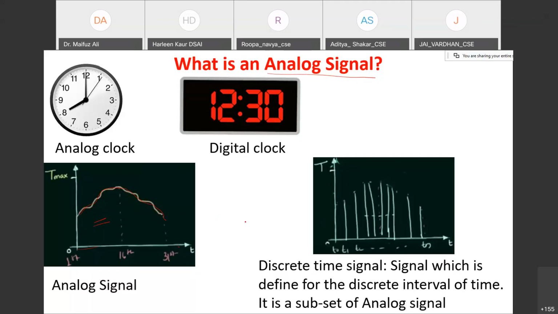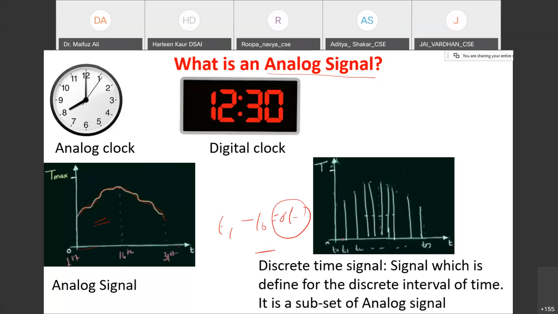The discrete time signal: if you take a certain time interval, T1 minus T0 is equal to delta T, and you take the measurement at discrete times in that interval, you get a discrete time signal. You are not taking continuous time.